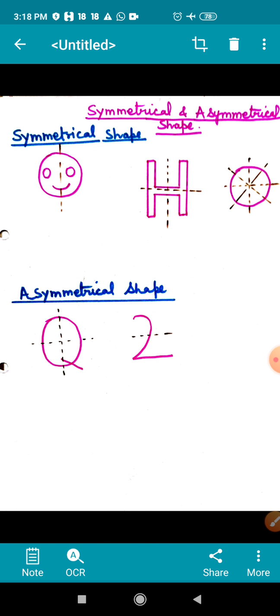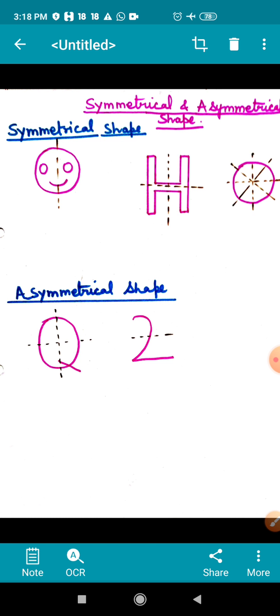Children, as you all know, when any shape or figure is divided in two equal halves, we can say that figure is a symmetrical figure. For example, in this smiley, you can see a vertical line is drawn to divide this face in two equal halves.